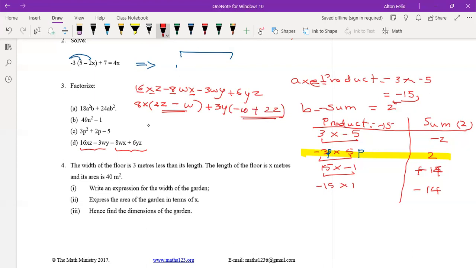Now, before we continue with the last line, let's see what would have happened if we had taken out minus 3y. That's why I took out a plus 3y.